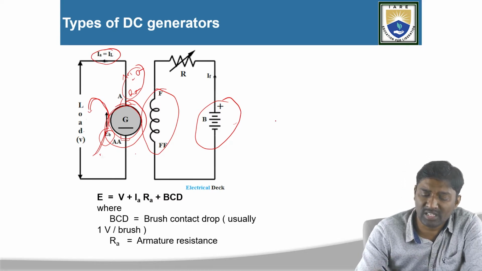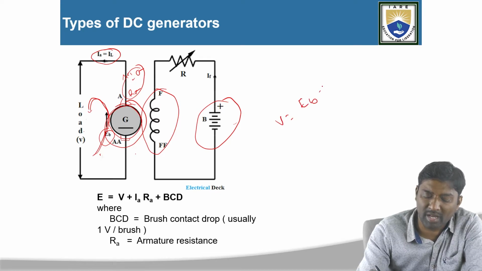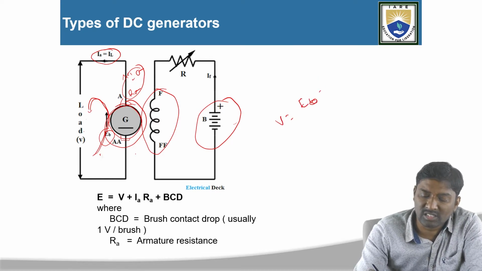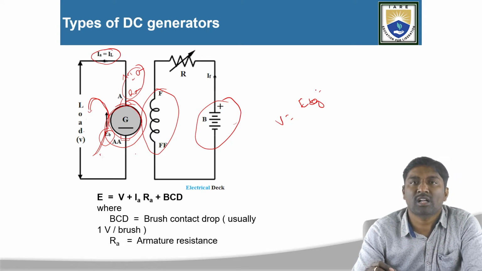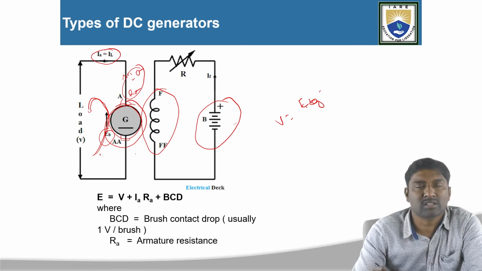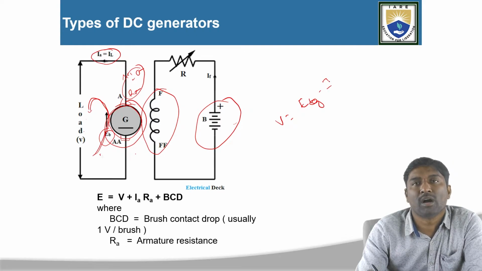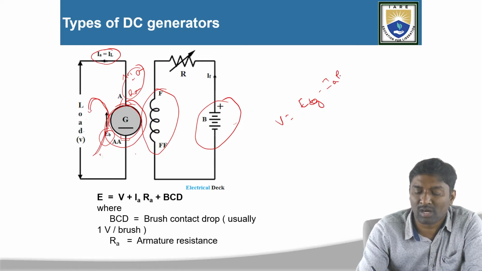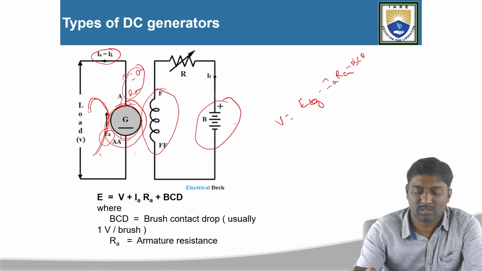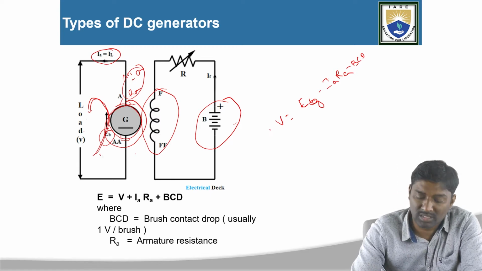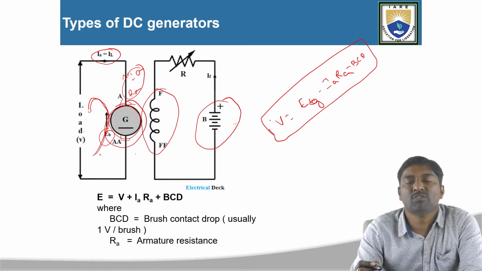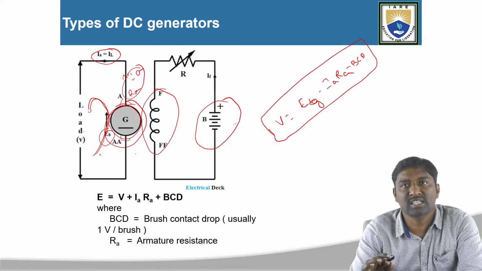That is, V is equal to EG, the generated induced EMF, minus the armature resistance drop, IA into RA, minus the brush contact drop. So this is the voltage equation of the separately excited DC generator.